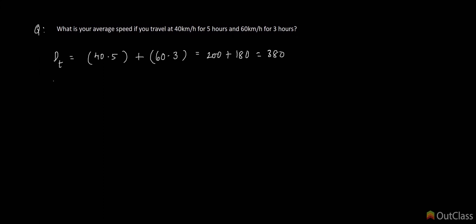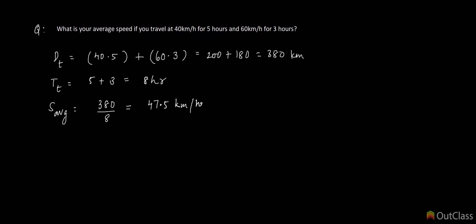And then you have the total time, which is directly 5 hours plus 3 hours is 8 hours, 380 kilometers. You can just divide this and you'll get the average speed, which is 380 by 8, which is 47.5 kilometers per hour.